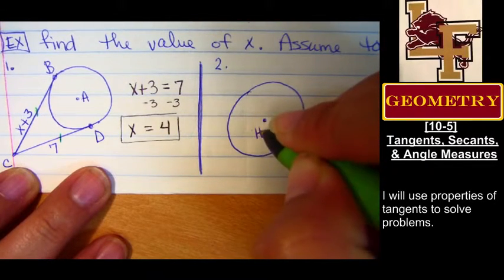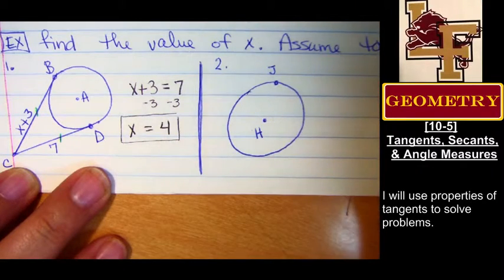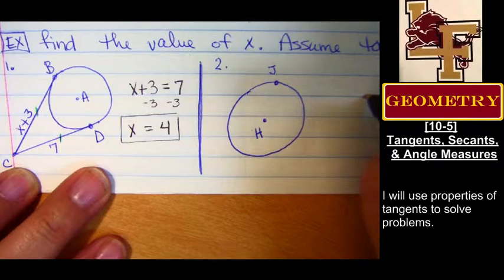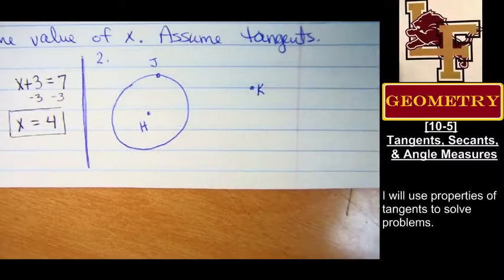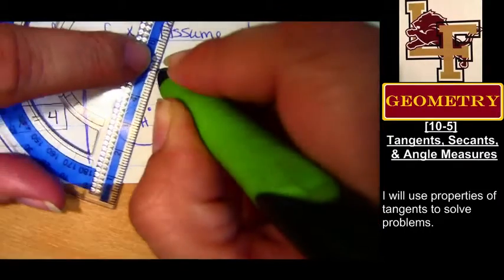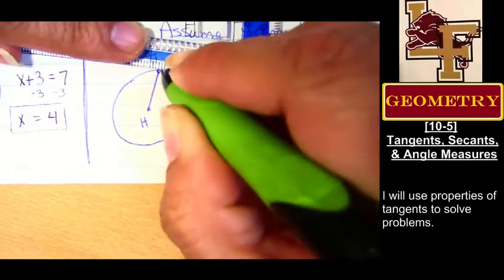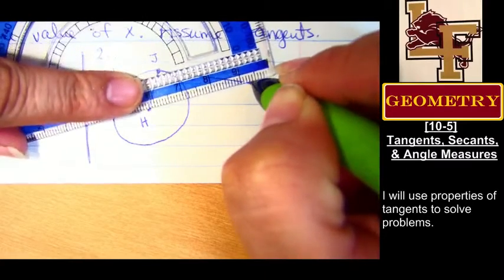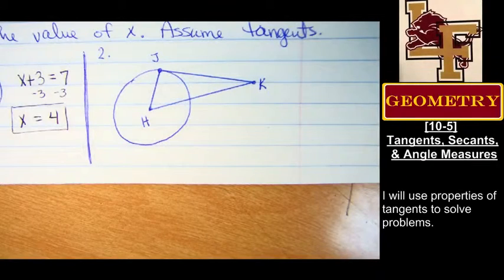Name it H. Give me a point somewhere on the circle and name it J. Then give me some point outside the circle and name it K. Connect the 3 points. You have a beautiful little figure. Put it away.